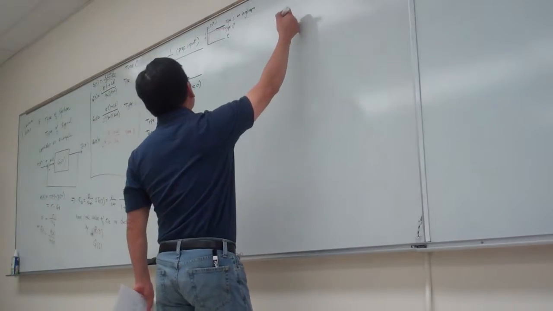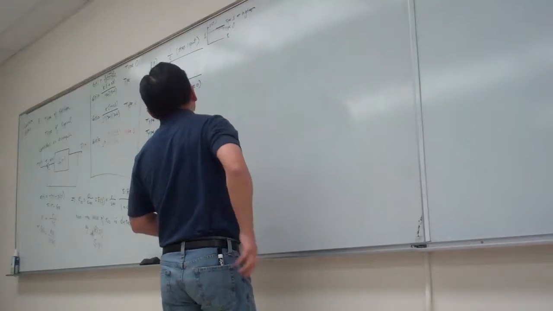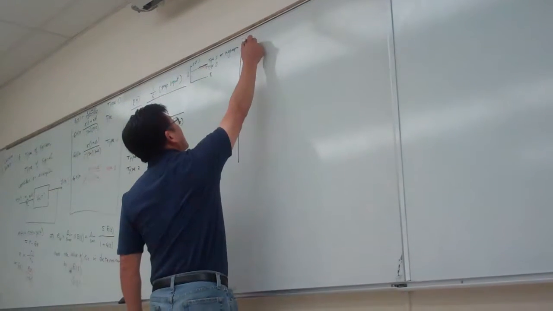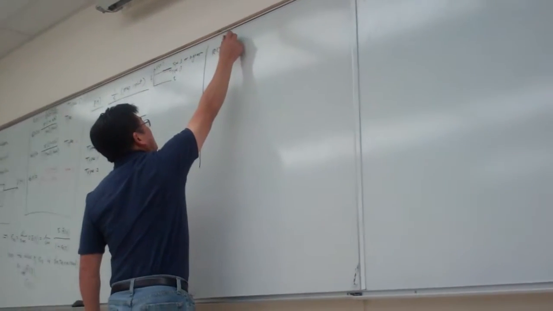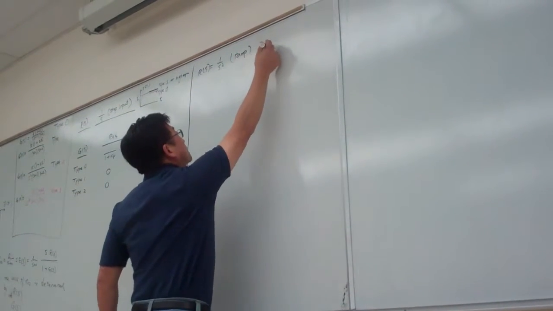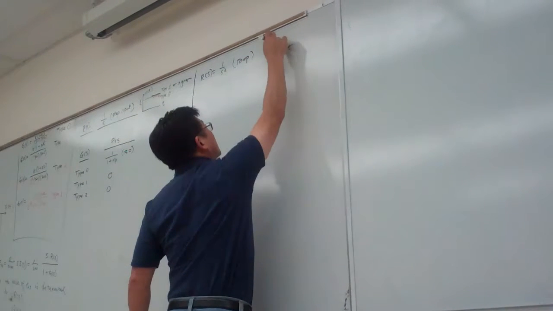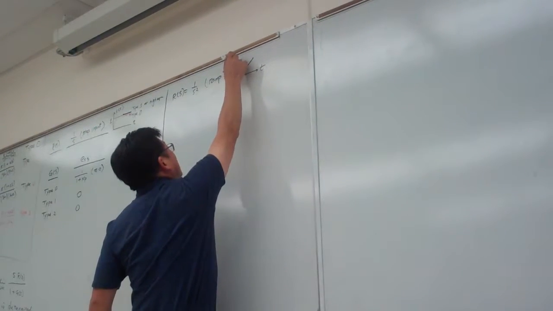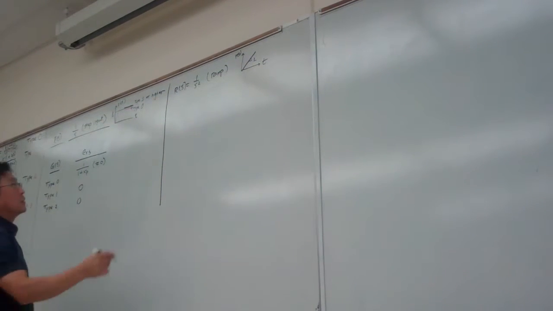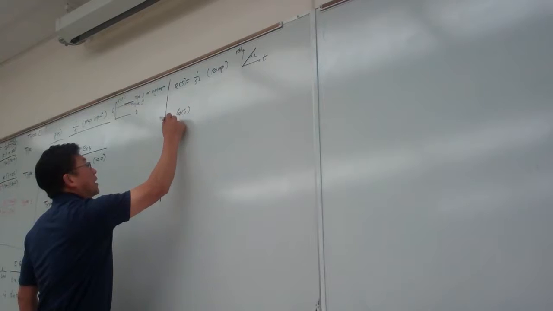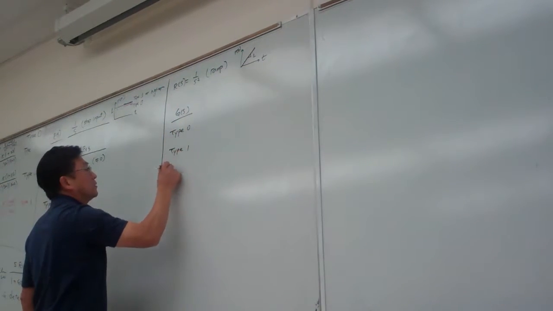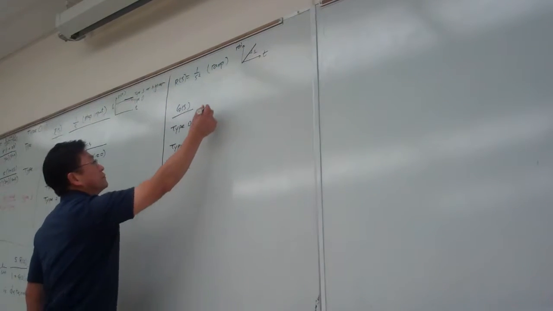So now we look at when R(S) equals 1 over S squared, so this is the ramp, that is time. We have this, and in the same way we can calculate the type 0 system, type 1, type 2.